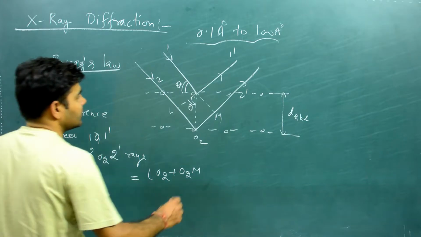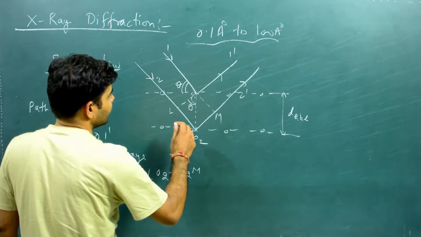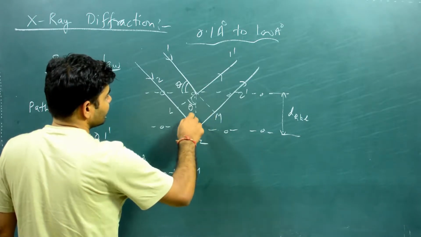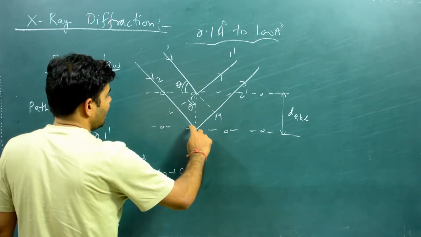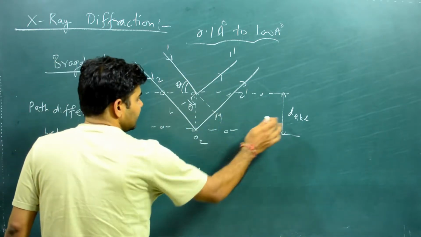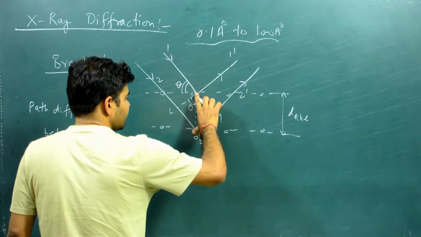So this O1 to L distance, this comes out to be d sin theta, because this is d_hkl. So this is also d_hkl.